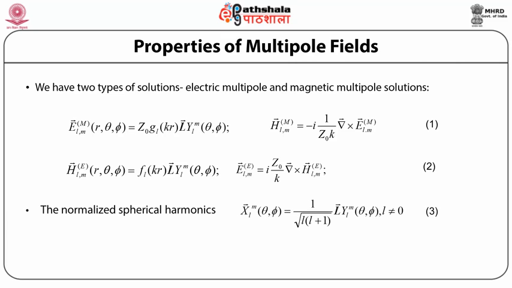The normalized vector spherical harmonics are X vector_LM(theta, phi) is equal to 1 divided by the square root of L(L plus 1) into L vector Y_LM(theta, phi), where L is not equal to 0.